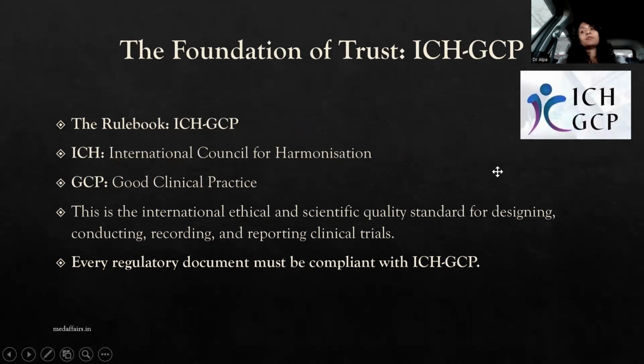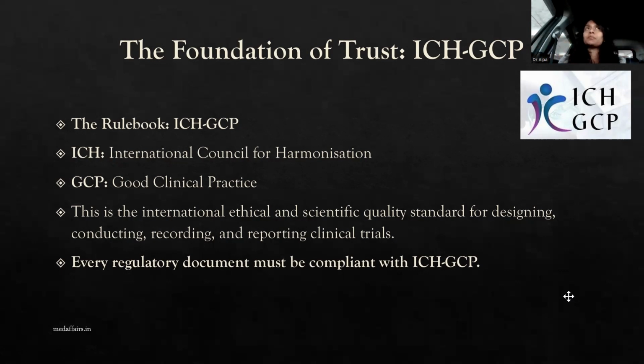So even before we go ahead and discuss the topic, we need to understand the rules, okay? All the regulatory documents must follow an international code of ethics. This we call ICH-GCP. ICH stands for International Council for Harmonization, and GCP is good clinical practice. So every regulatory document must be compliant with ICH-GCP.